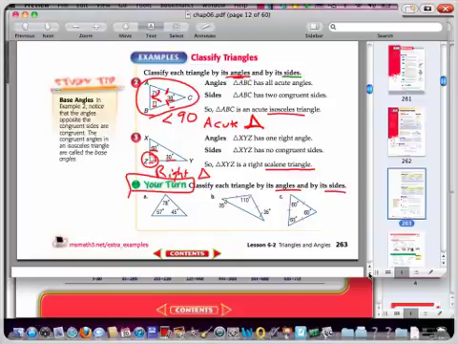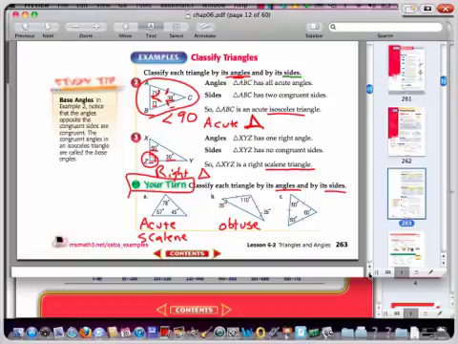Okay, for the first one, by angles, you would say that this is an acute triangle. By sides, you would say that it is a scalene triangle. On the second one, by angles, we would call that an obtuse triangle.